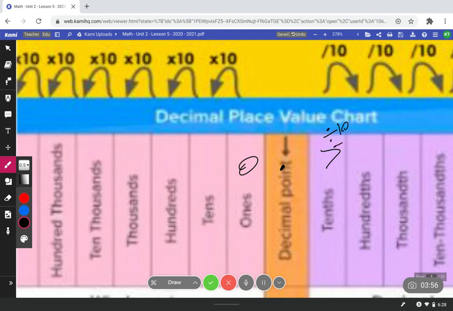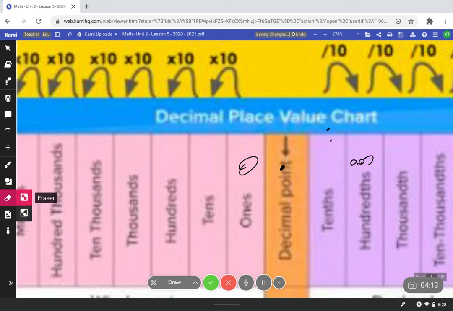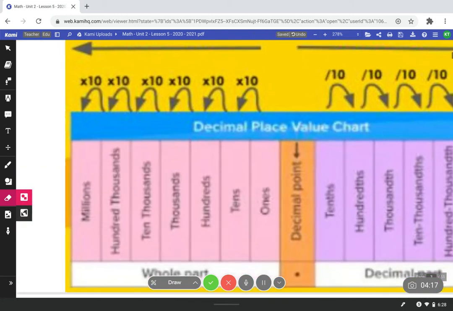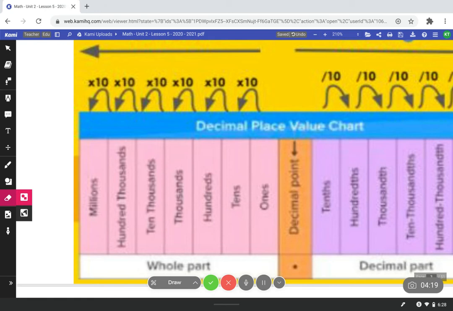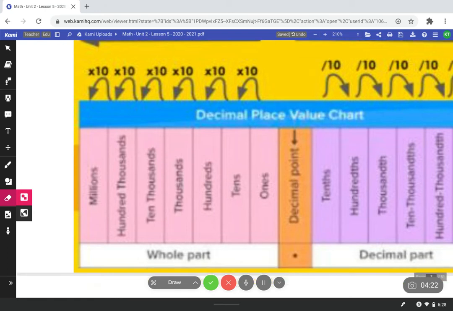That would move me one place value to the right, making it 7 hundredths. So it's about where you start. Divide by 10, you decrease. Multiply by 10, you increase your place value.